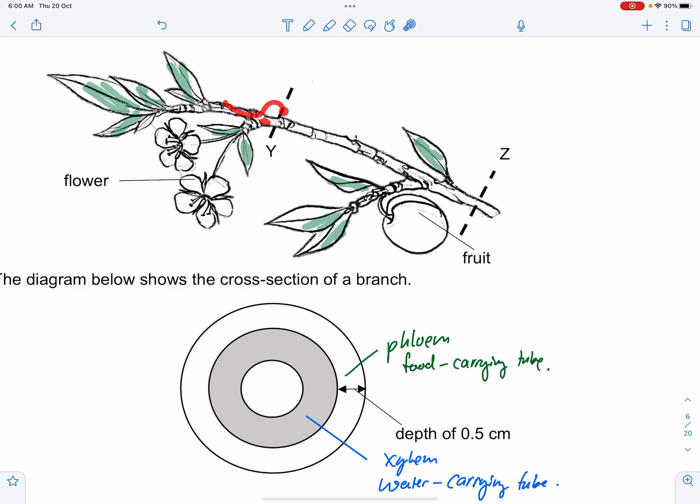It'll probably accumulate here, it starts to swell and accumulate here. But if I were to cut it here, then all the leaves over here, the food, instead of accumulating here, will actually go to my fruit. So by cutting at Z, I actually get food from more number of leaves rather than Y.